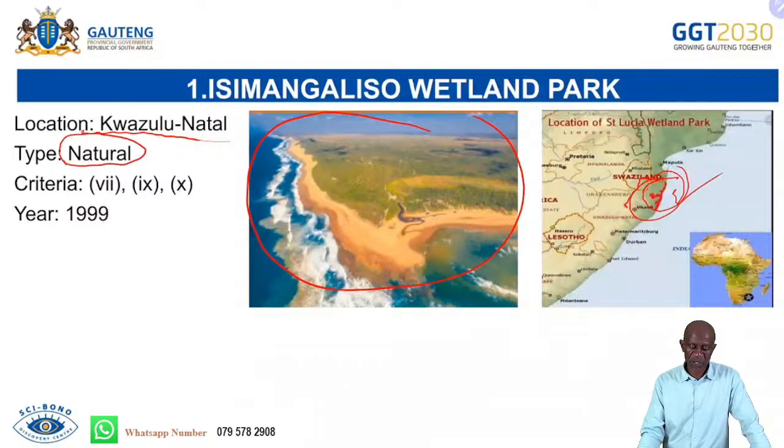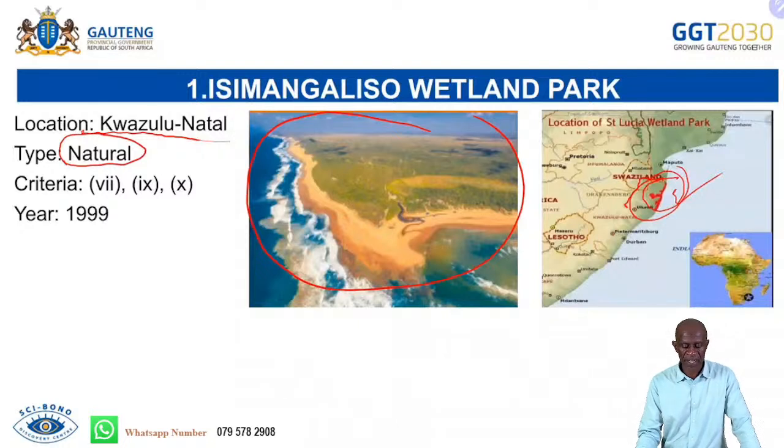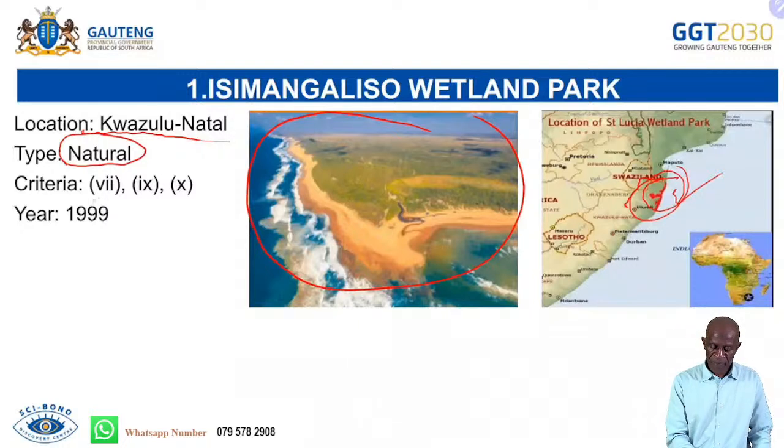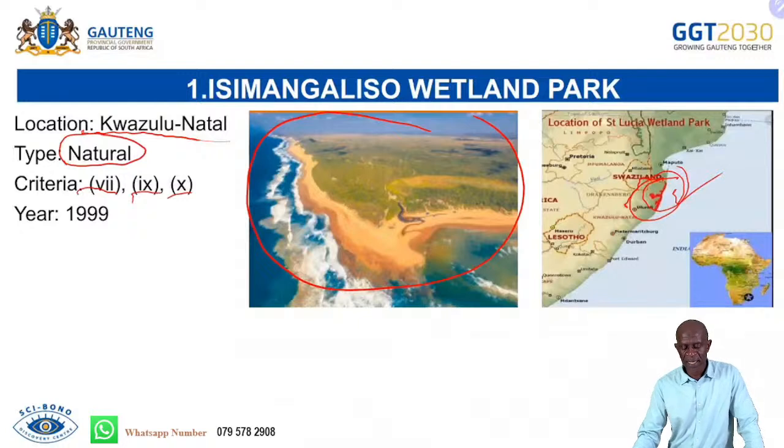It's natural as indicated, and the criteria that helped UNESCO to declare Isimangaliso Wetland Park as a World Heritage Site, they looked into criteria number 7, criteria number 9, as well as criteria number 10. Right.